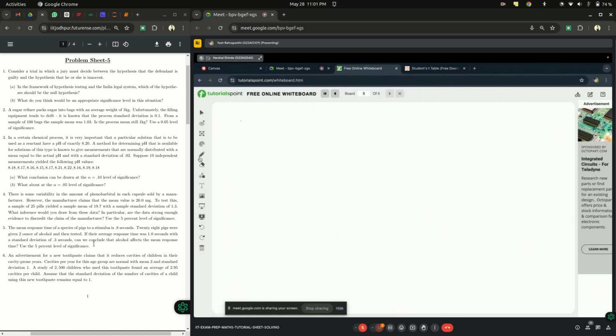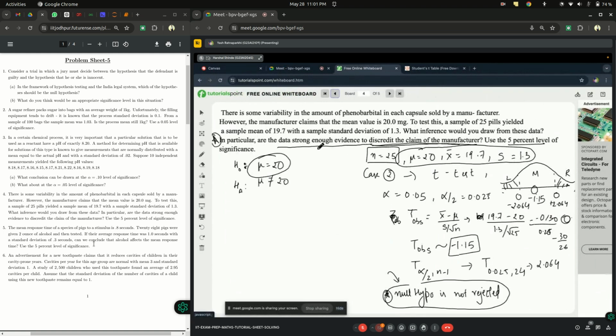You didn't understand the last line? Okay, the last line, I'll tell you again. Think very carefully. It's normal English. What is asked in particular: is the data strong enough to discredit the claim of the manufacturer? What it is asking is whether the data set, the values given to you, are strong enough that they reject your claim.